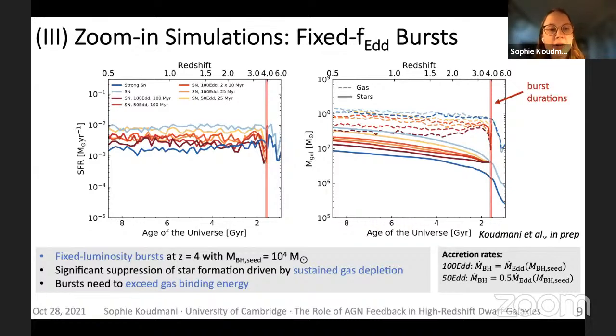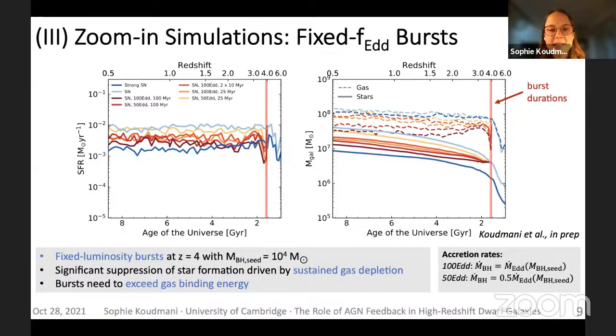So long bursts of 100 megayears, short bursts of 25 megayears, as well as 2 very short bursts in quick succession of 10 megayears. And we find that there's a suppression of the star formation rate and gas masses in accordance with the burst duration and intensity.